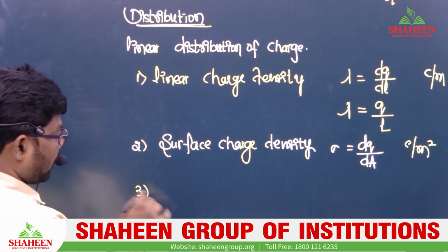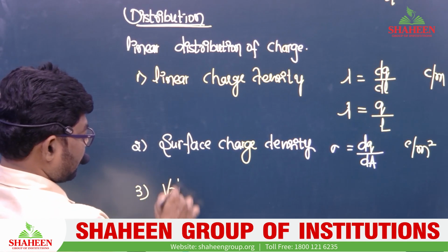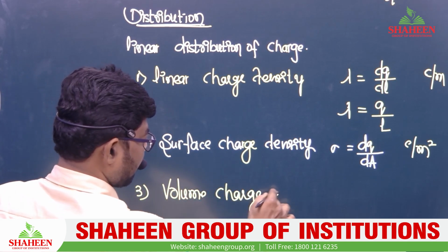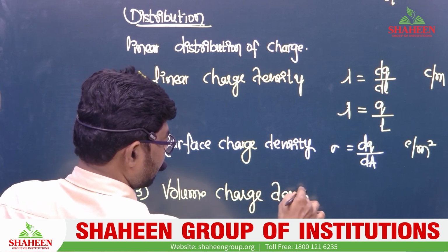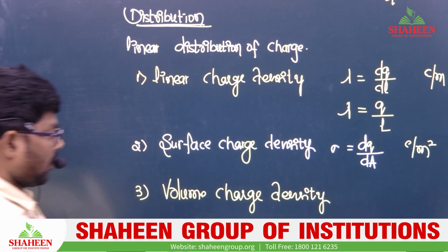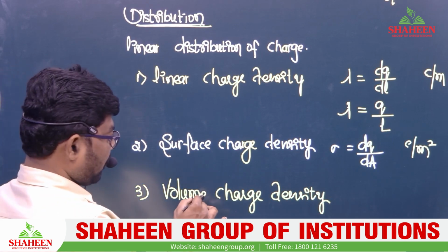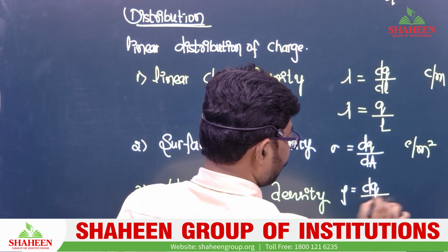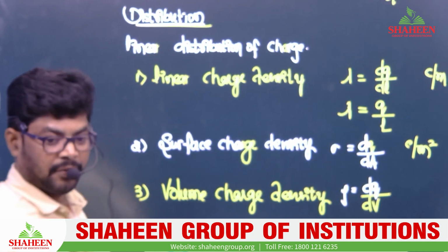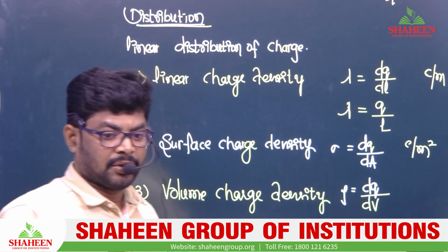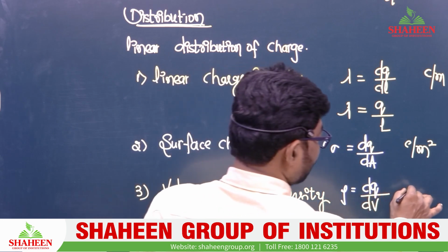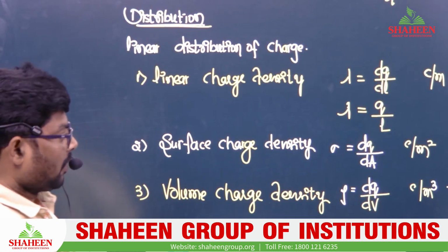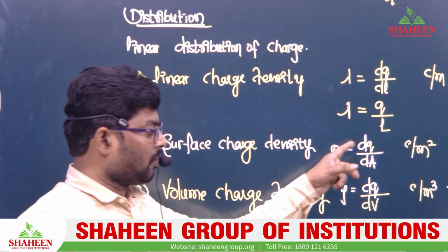Now let us go for volume charge density. Volume charge density rho is equal to dq upon dv, that is, charge per cubic meter, or q by volume.